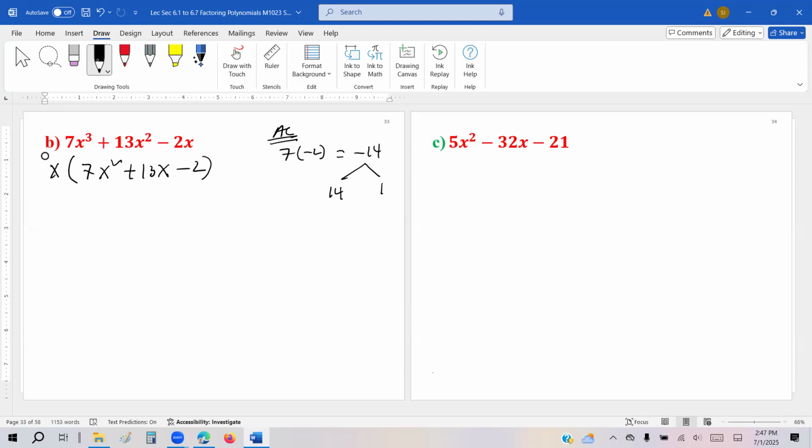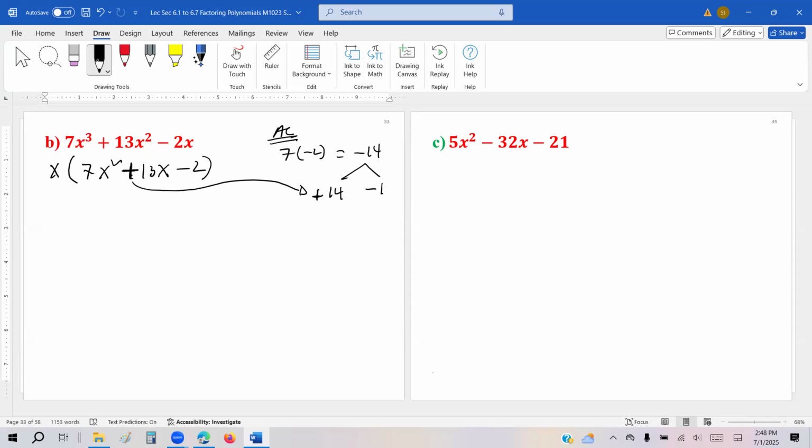Which one is bigger, 14 or 1? 14. So the bigger one has to have which sign? Positive, from the middle. The middle sign is always the leader, okay? It determines the sign for the bigger one. So because of this, 14 has to be positive. Then what sign does 1 have to have? Negative.